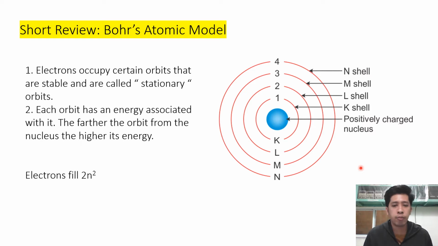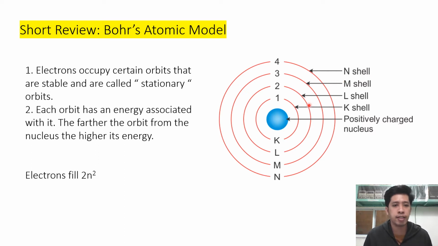In Bohr's atomic model, electrons occupy certain orbits that are stable and are called stationary orbits. So you have here, this blue one is the positively charged nucleus. And then you have orbit 1, 2, 3, 4, which represents the K shell, the L shell, the M shell, and the N shell respectively.